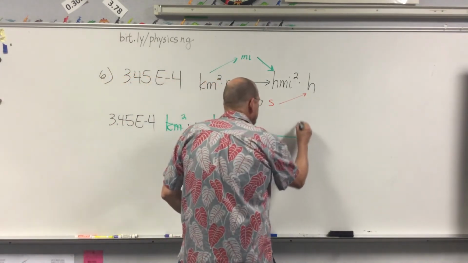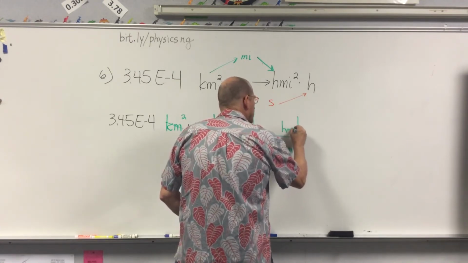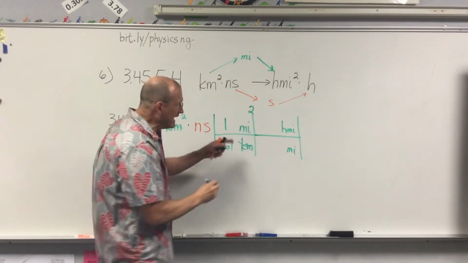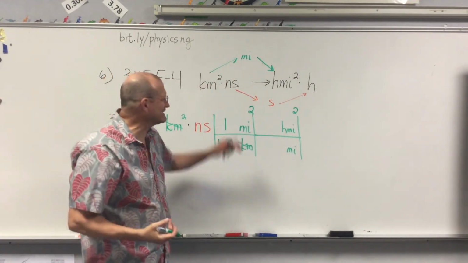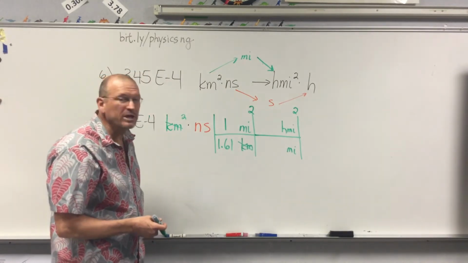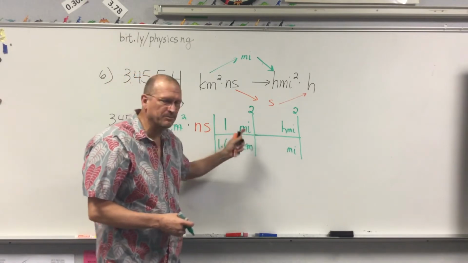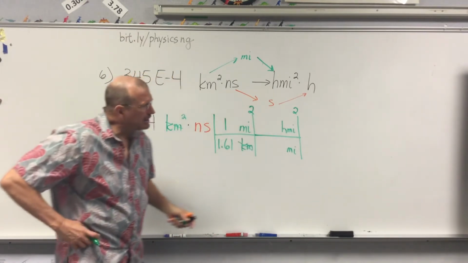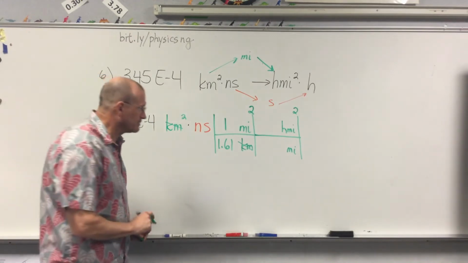So the next thing I need to do is get from miles to hectomiles, and this is being squared. This is where I tend to throw my squareds in there, or cubes, pretty quickly to make sure I don't forget them. Sometimes some people will set up the units first and then go back. Just remember, if you drop them, you're going to do the math wrong.